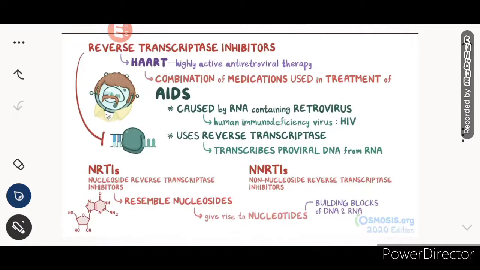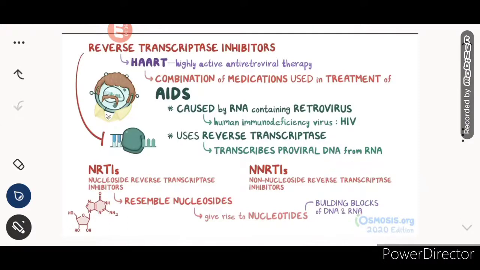What it does is that it resembles nucleosides, and they get phosphorylated and give rise to nucleotides. And nucleotides, as we know, are the building blocks for DNA and RNA, and the virus transcribes the proviral DNA from the RNA.